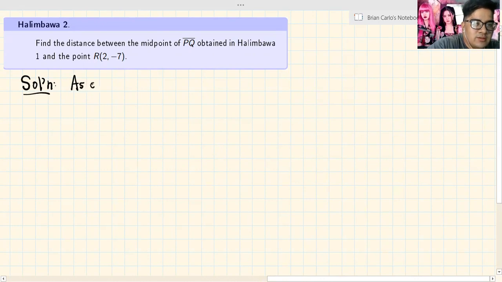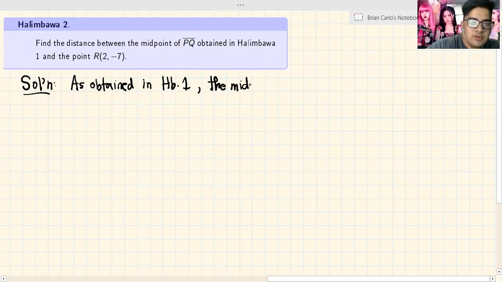As obtained in halimbawa 1, the midpoint of segment PQ is, ano yun, di ba kung naalala nyo, it is (7, 5), tama ba? M, which is (7, 5).